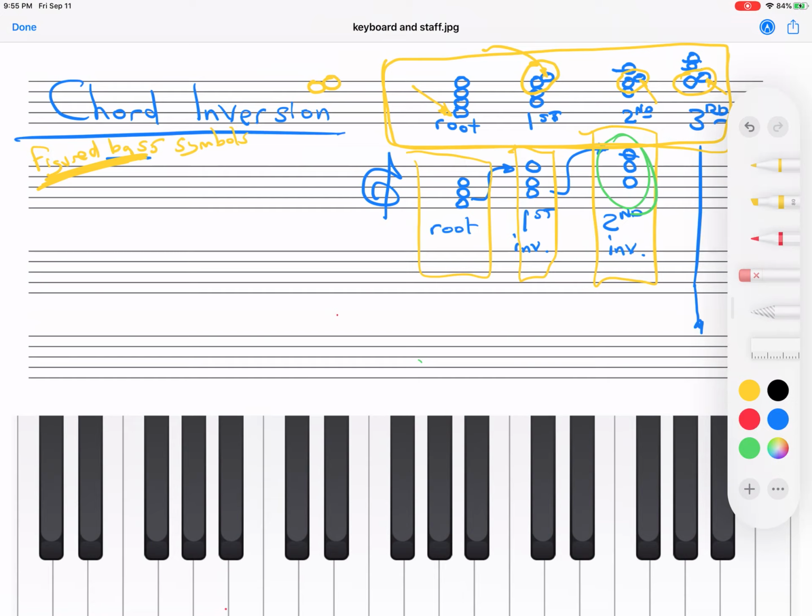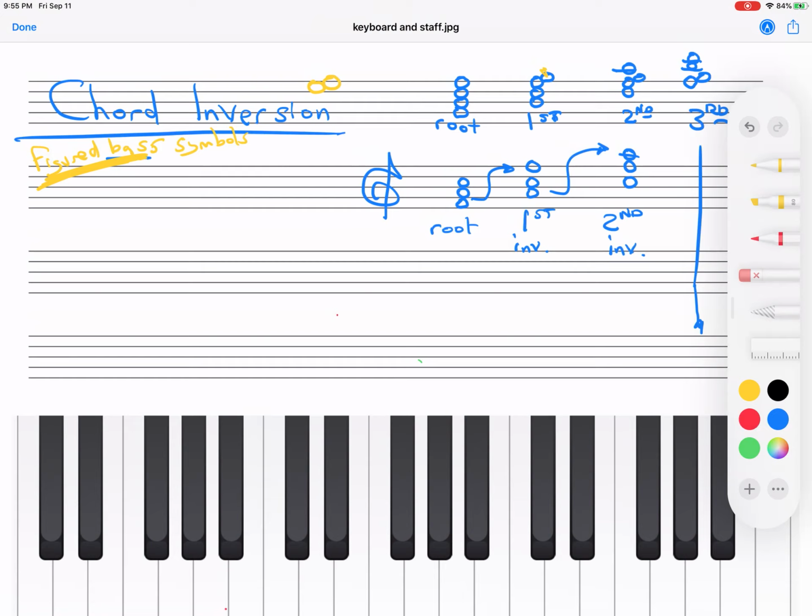But what's my point? Well, my point is that when you have these chords in different positions, what's important is the note that is at the bottom. You have to recognize that different parts of the chord are on the bottom. So let's take a look at this.